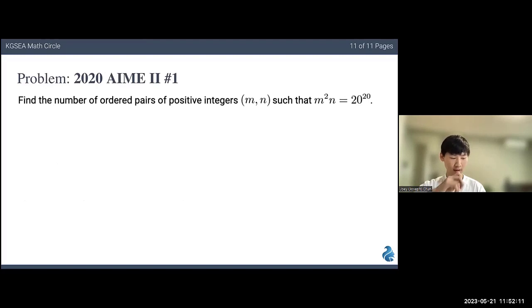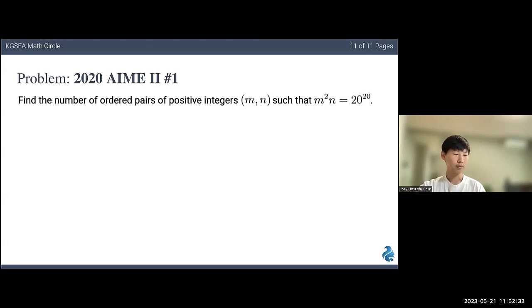Okay, so now let's solve a competition problem here, which is 2020 AMC 12B number 1. Okay, so this is quite similar to the question before, except for the fact that m is squared. And this changes the constraints a bit.